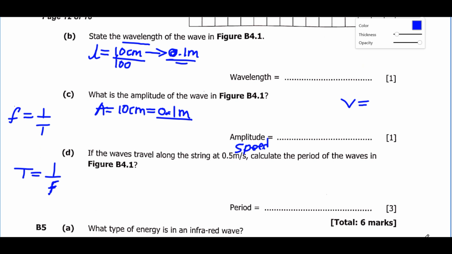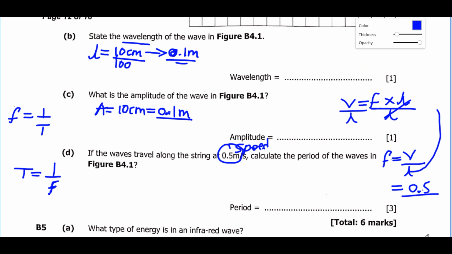Speed or velocity is equal to frequency times lambda. Therefore, frequency, excuse me, is equal to speed over lambda. So speed is given, 0.5 meters over lambda. We found lambda is 0.1. So if you divide, you are going to have 5 Hz.